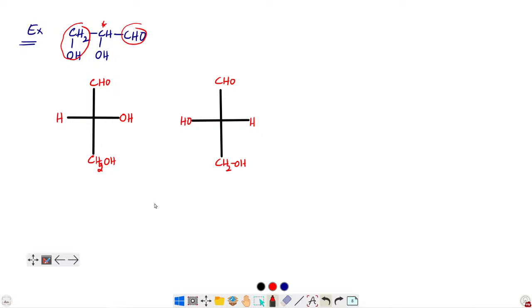If you see, this is a chiral carbon, this is a chiral carbon, and these two are mirror images of each other. If you put a mirror, in the mirror the original image looks like this.